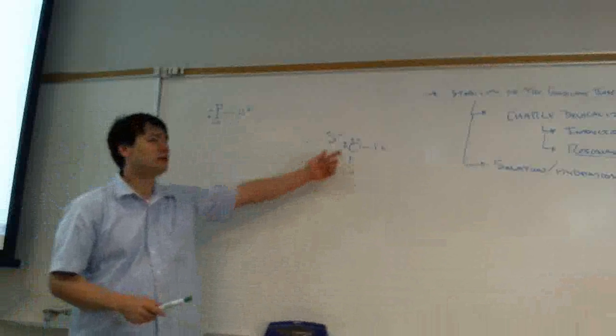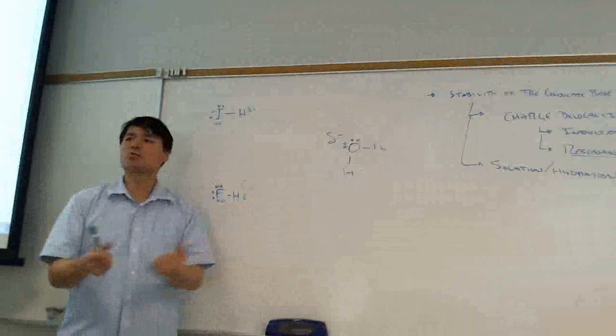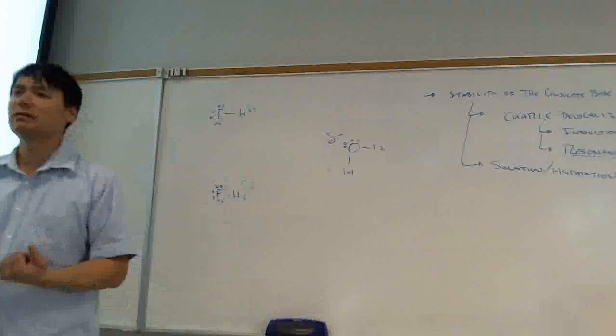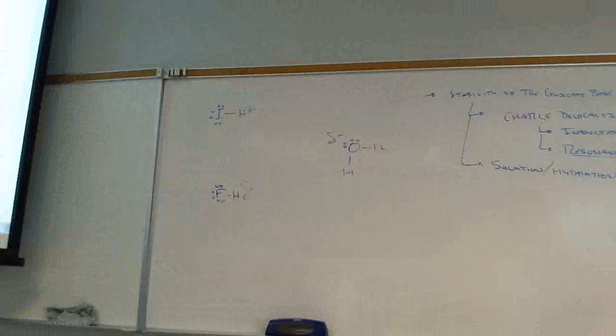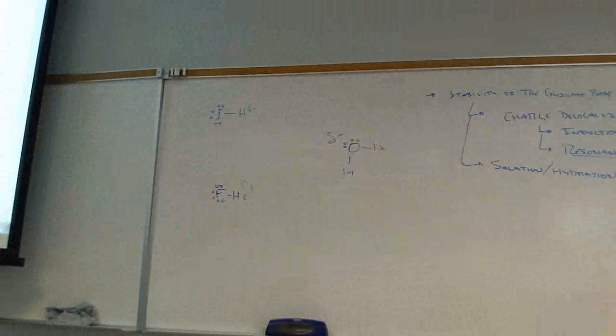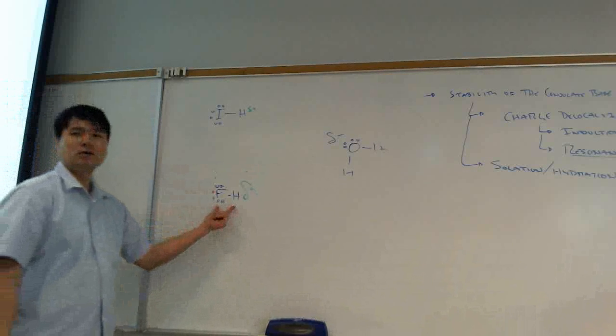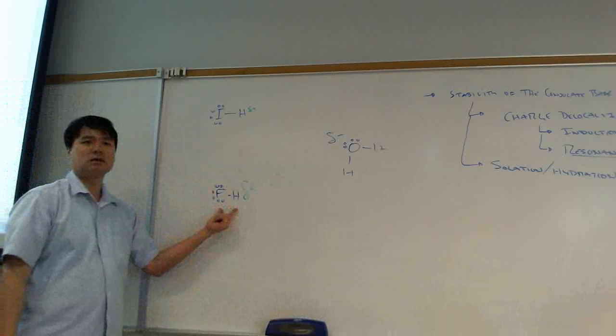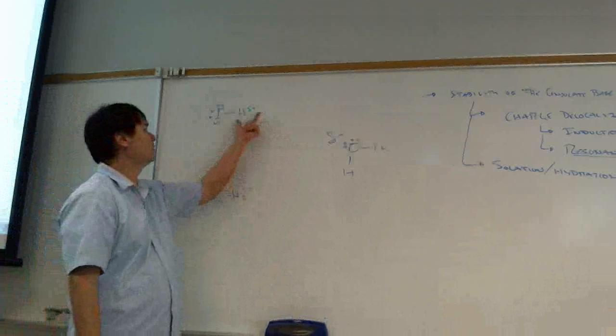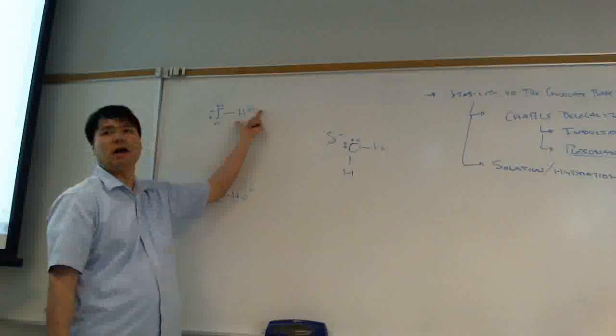And so water comes along and tries to pull off the proton. Water gets into a tug of war with fluorine. Who's going to win? Fluorine. Why? Because the bond is too strong. Water gets in a tug of war with iodine.